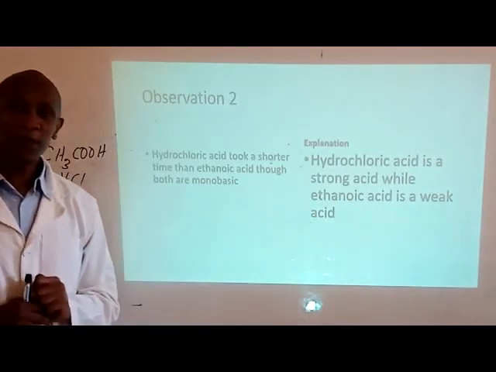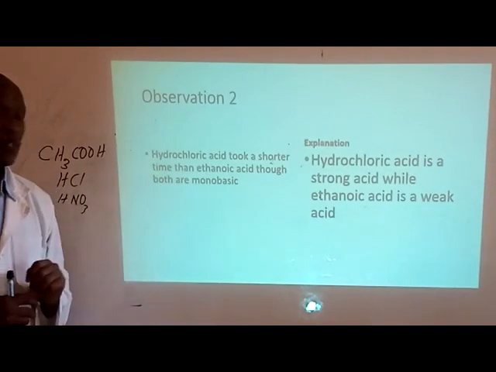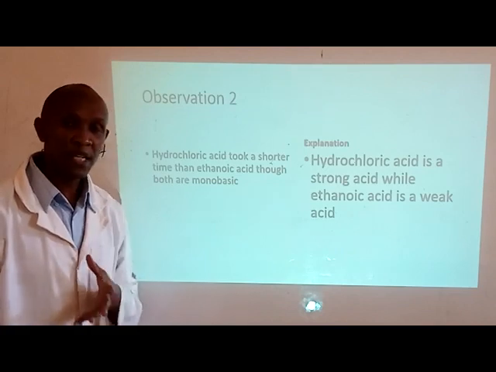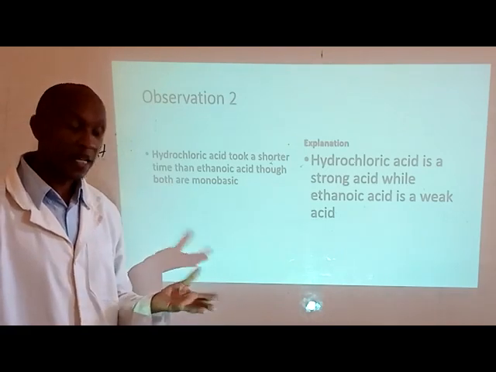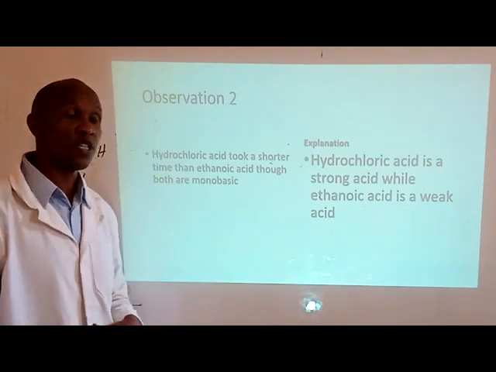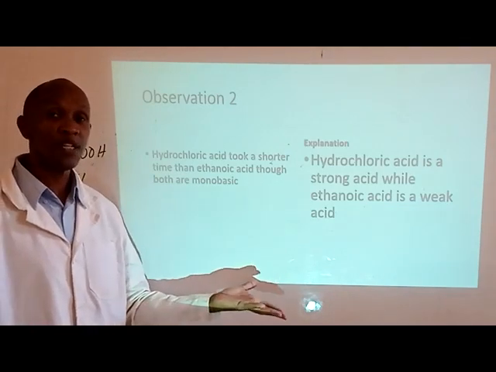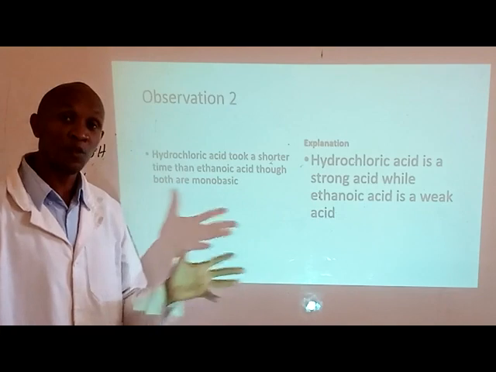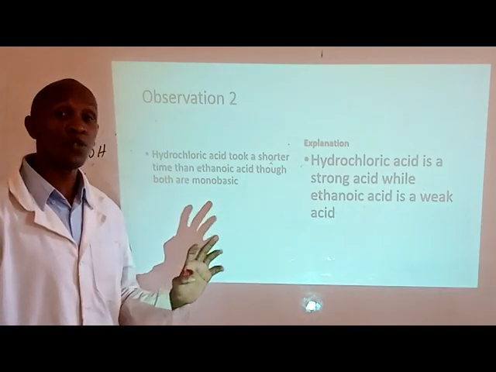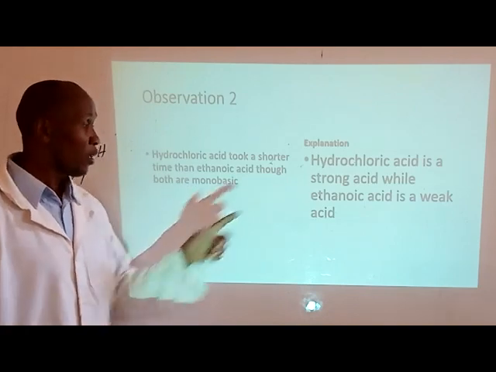In Form 1, we defined the strength of an acid in terms of the pH. So we said a weak acid is one that has a pH of 5 or 6. A strong acid is one that has a pH of 1, 2, and 3. So that was the Form 1 definition that we want to render obsolete now.